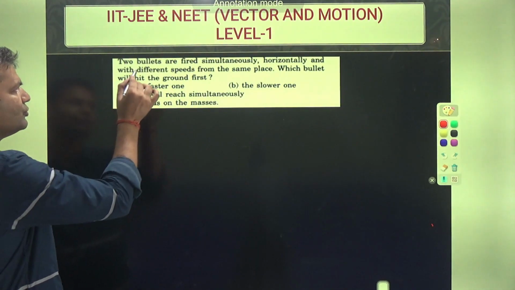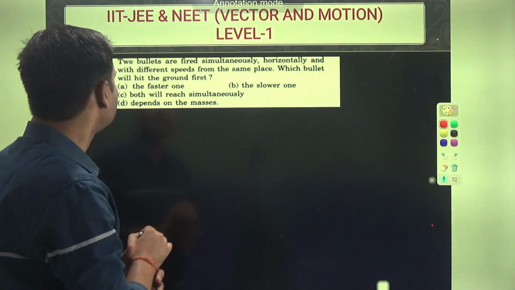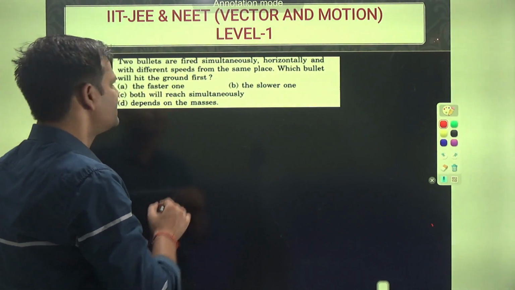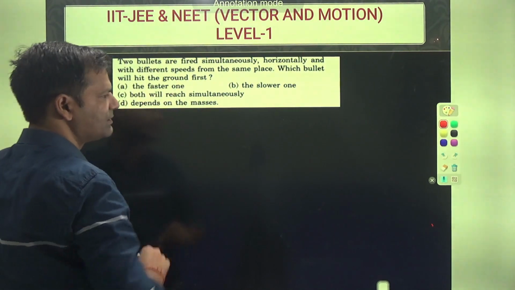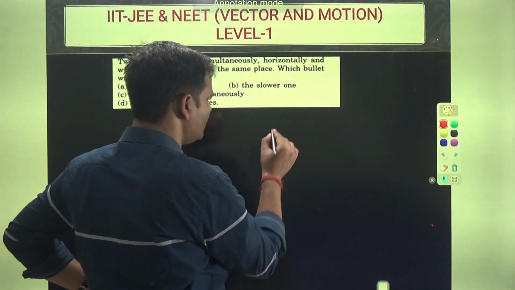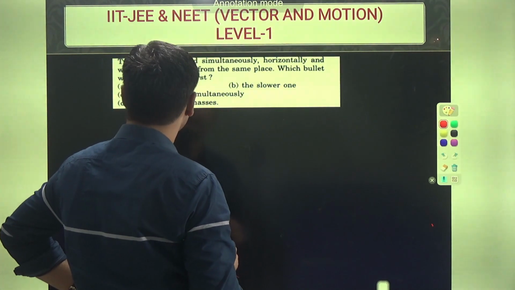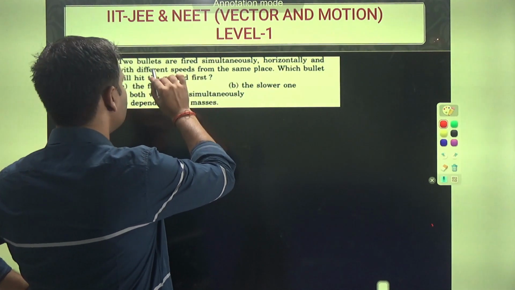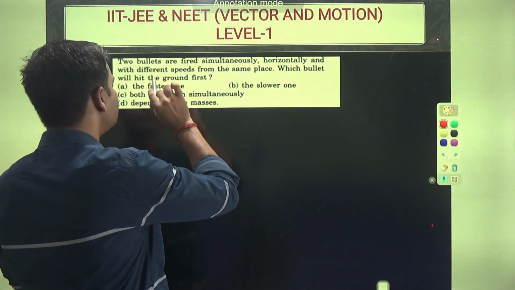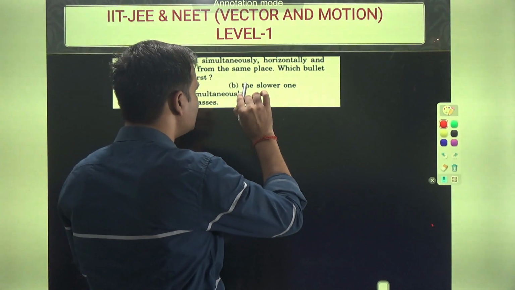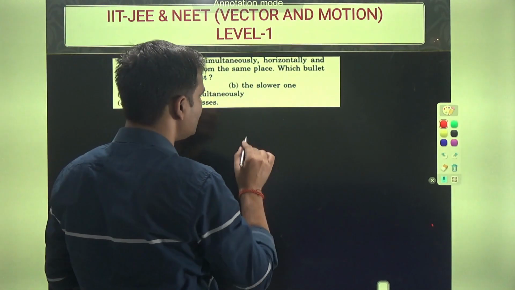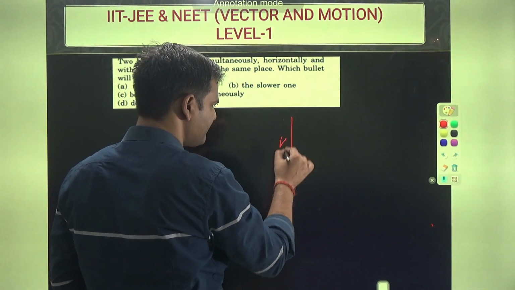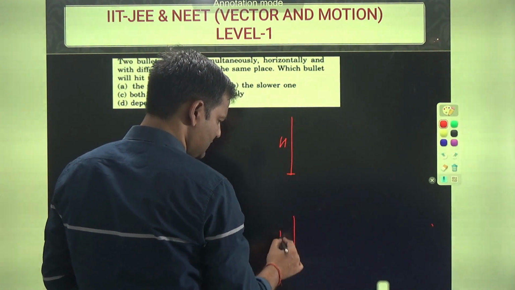Now the next question. Two bullets are fired simultaneously and horizontally with different speeds from the same place. Which bullet will hit the ground first? First of all, we have taken two bullets with different velocities. Same place means, suppose this is height h, so this one is also h.